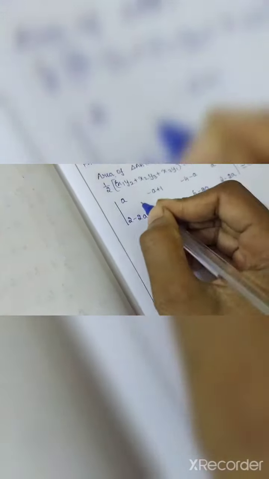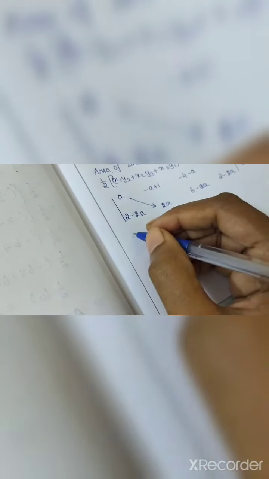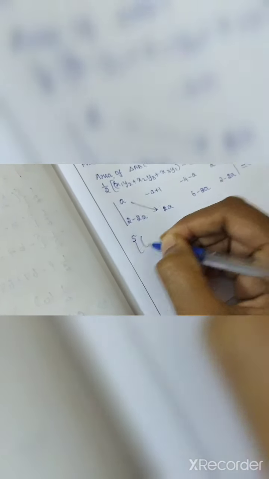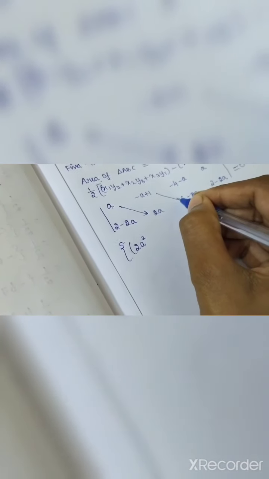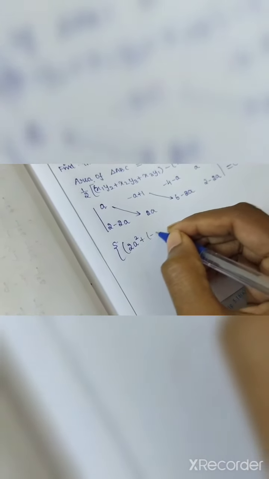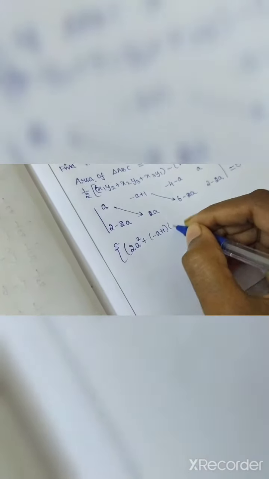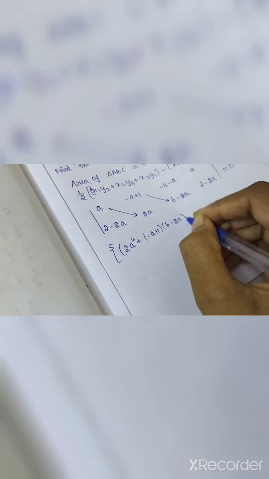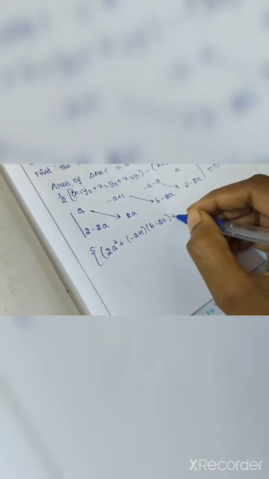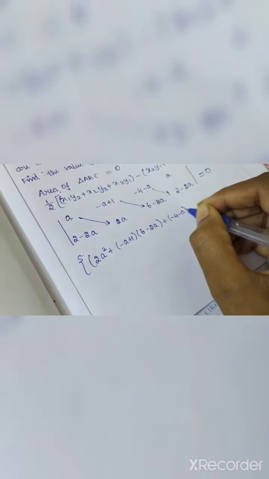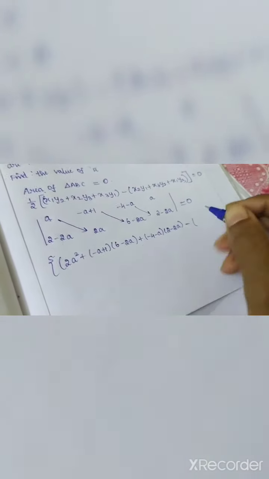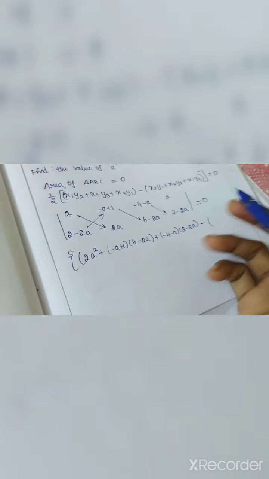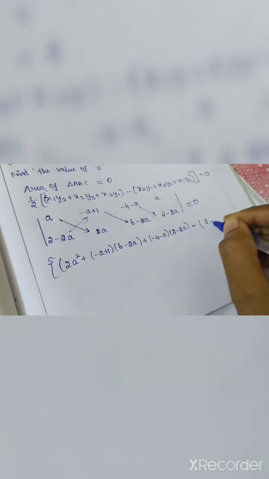Okay, so now we are going to see this term and this term. A into a, 2a square. It's very difficult to find out, so I am writing step by step. 6 minus 2a, minus 4 minus a. So minus of, why I am taking this, it's a little bit difficult to find out, right?